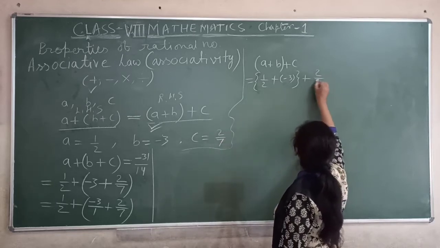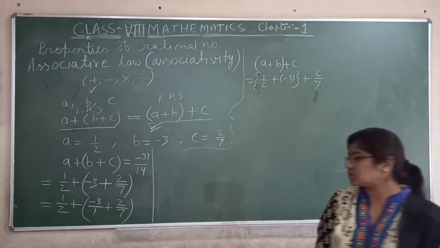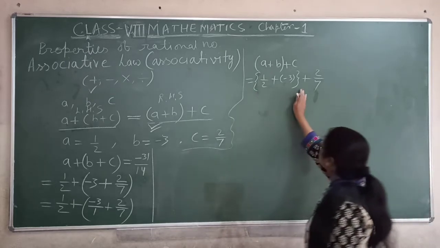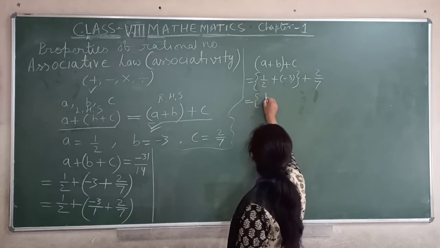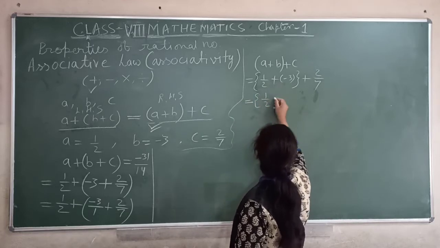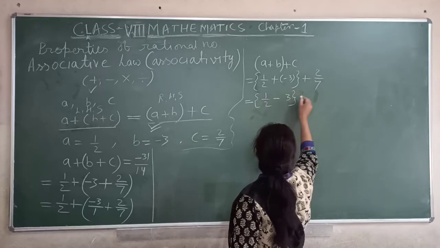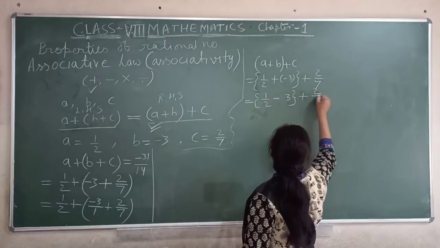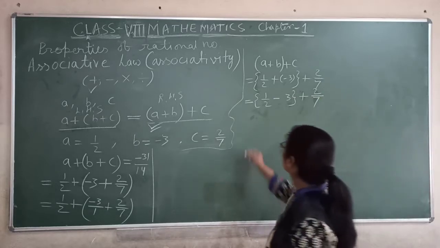7. 2 by 7. Okay, so according to BODMAS rule, curly bracket here you can write 1 by 2 plus into minus, minus 3 bracket close plus 2 by 7. Okay.